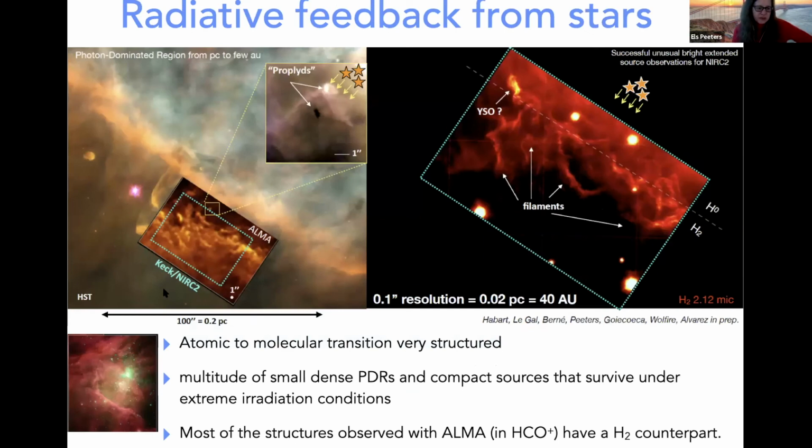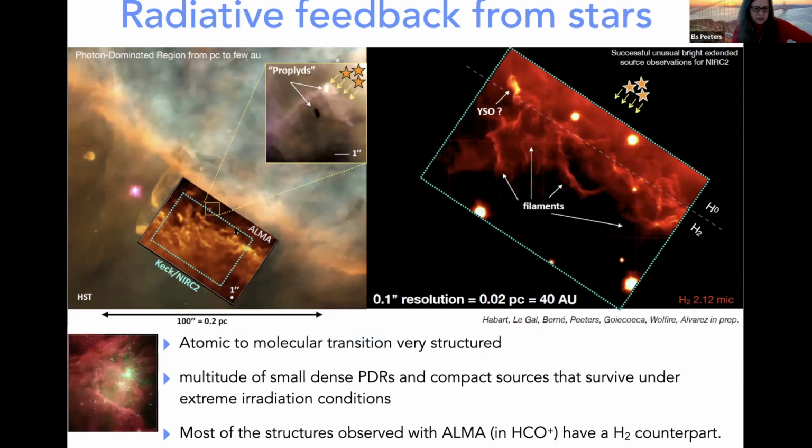Here you see once again the Orion bar that we will observe with JWST. And here in the inset, you see an ALMA image. And you can see that despite what I've told you, that we have a very nice stratification, you see a whole lot of substructure.